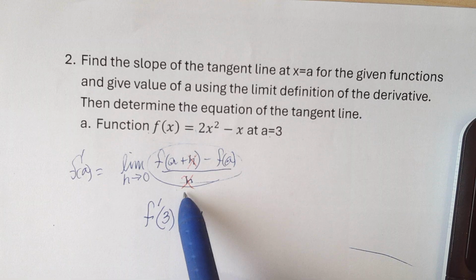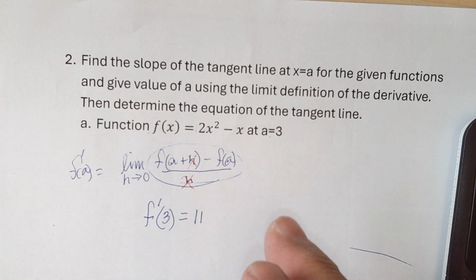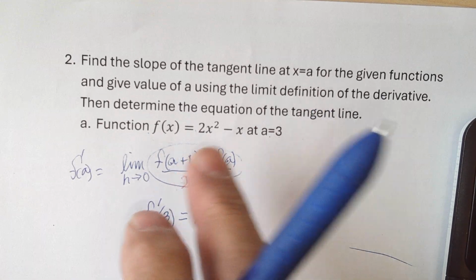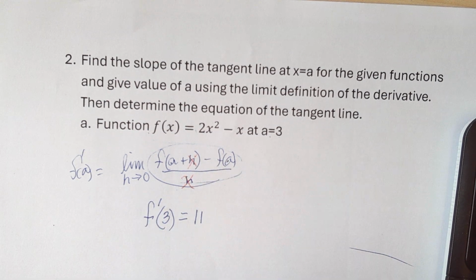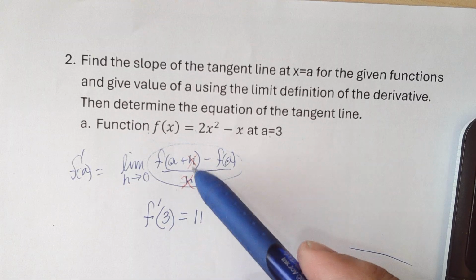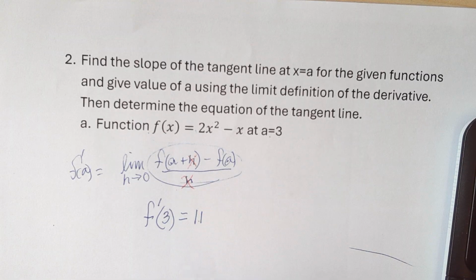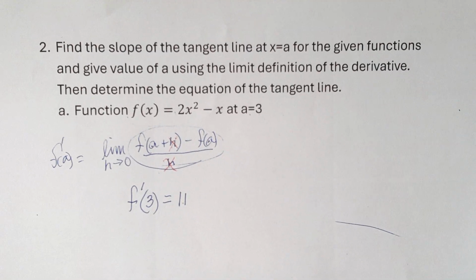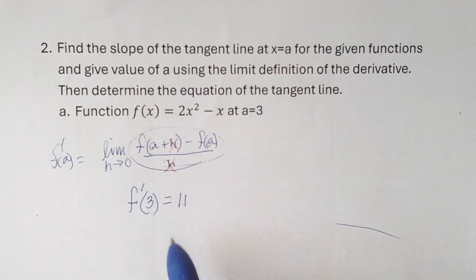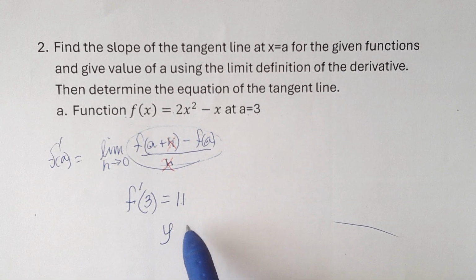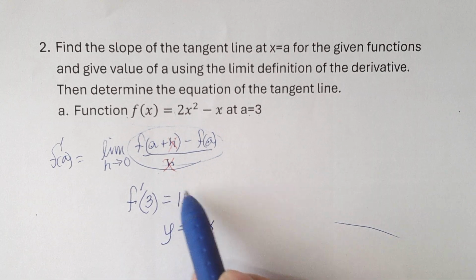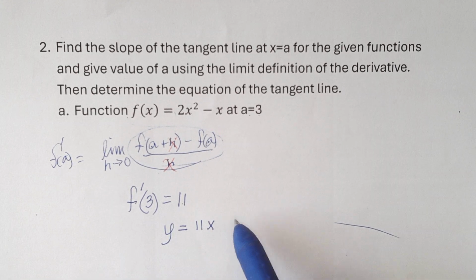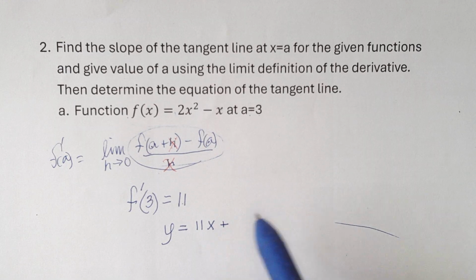If I put an x there in Desmos, then I could go to second table, or hit the gear on this, and give me a table, and then I can type in numbers close to 0, should get 11 for the slope. So now I have to write the equation. So the tangent line would be y equals 11x, because that's the slope, times x plus a y-intercept.